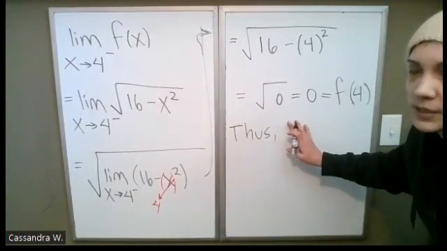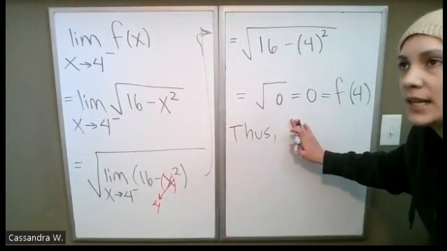So first, summarizing what we just did. f is continuous at x equals 4.